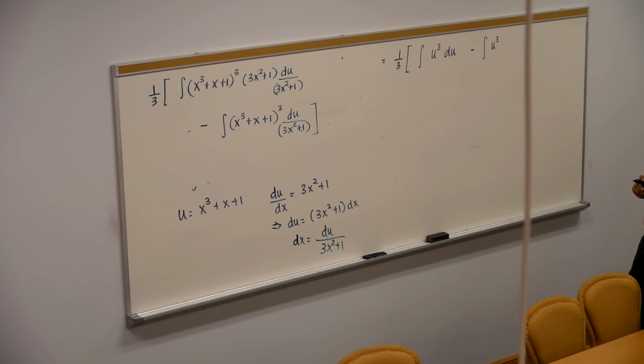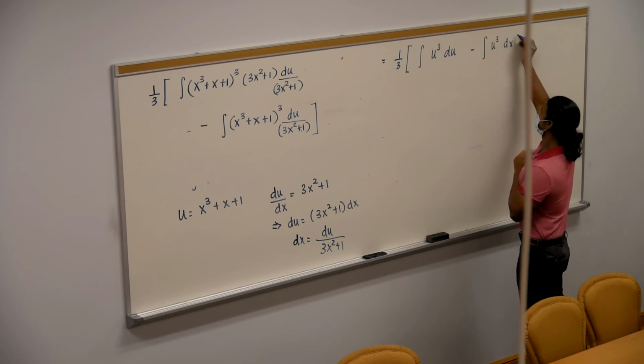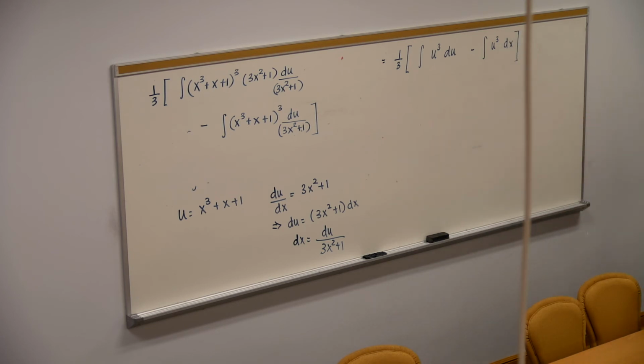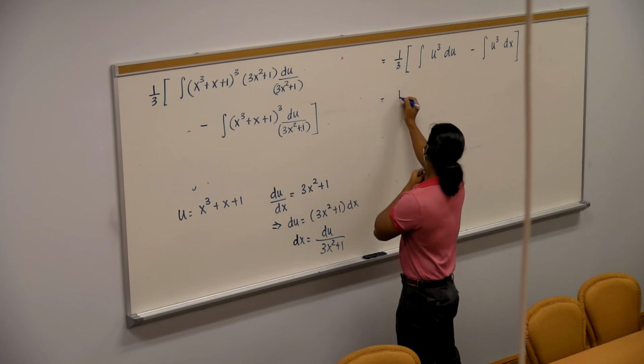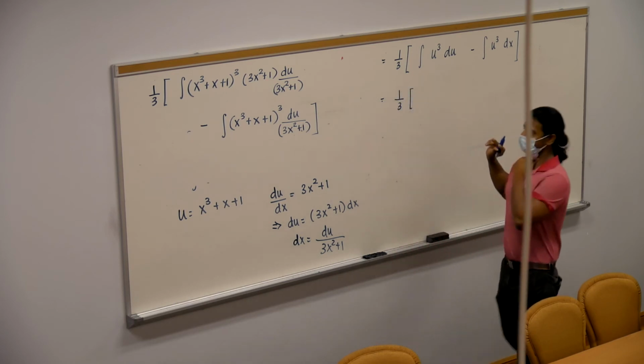And I would have du over 3x squared plus 1 as just dx. What is u cubed du?